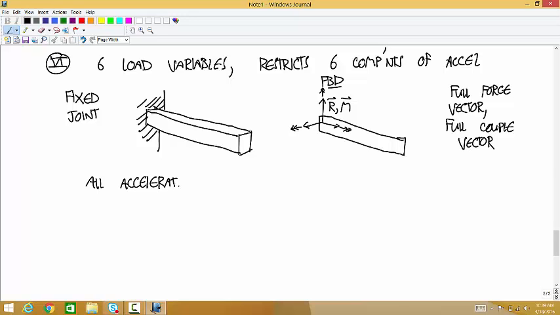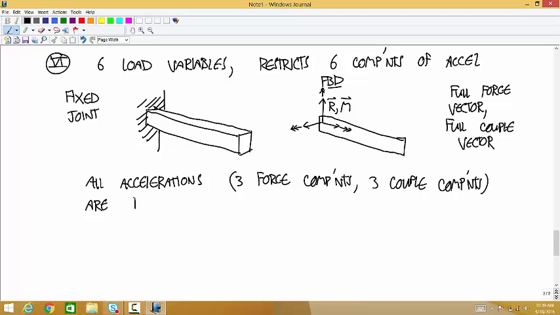So all accelerations, 3 force components, and 3 couple components are restricted relative to the base body.